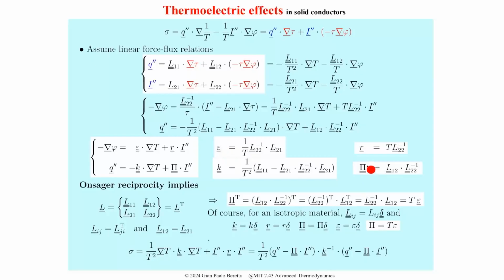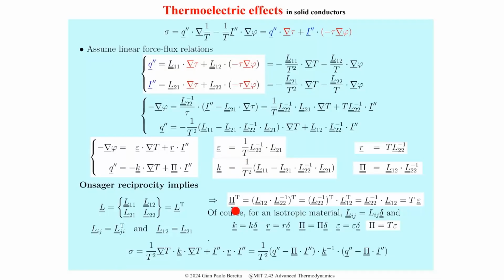If you take the transpose of the Peltier, the transpose of a product of matrices, you know, when you do the transpose, you have to also change the order of the product of the transposed. And then you apply Onsager symmetry. So the T goes away, and here comes something that is contained in Seebeck, except the temperature.